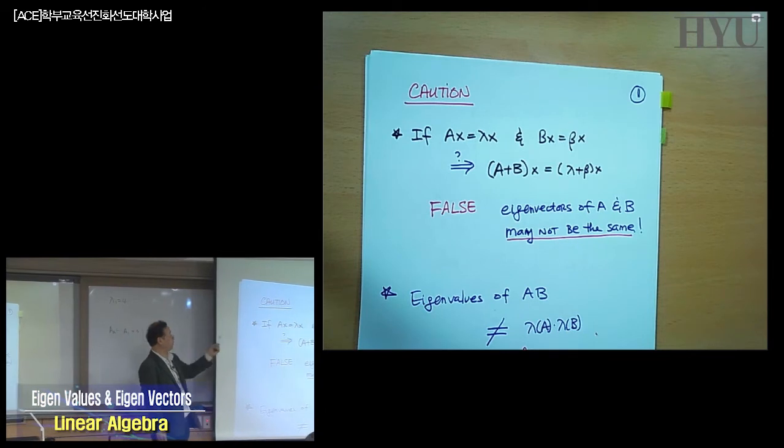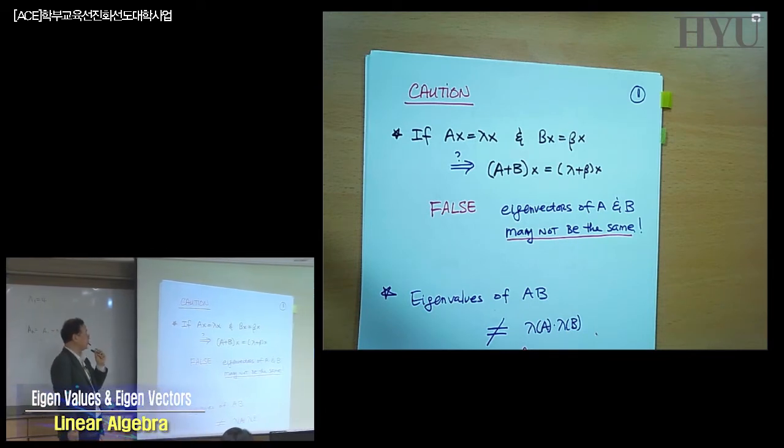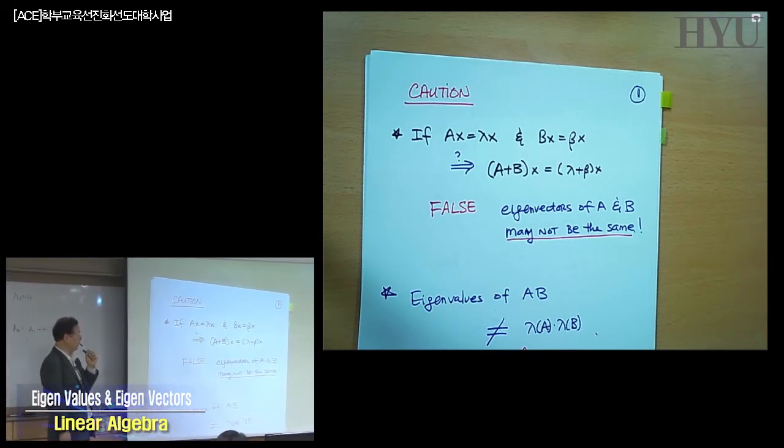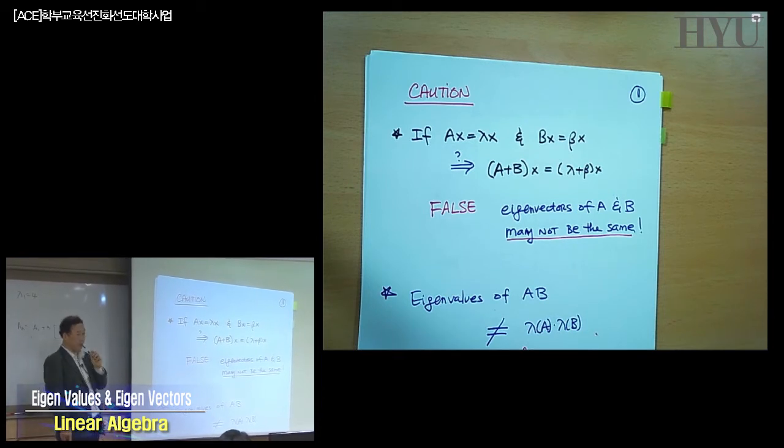Say matrix A has eigenvalue lambda, and matrix B has eigenvalue beta. How about A plus B? It seems adding both parts should work, right?